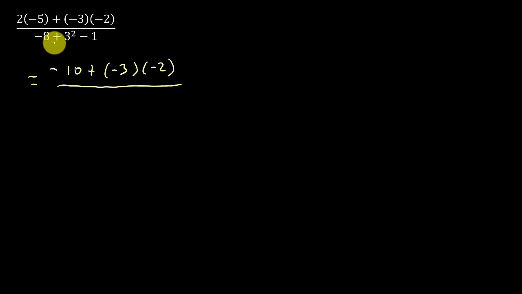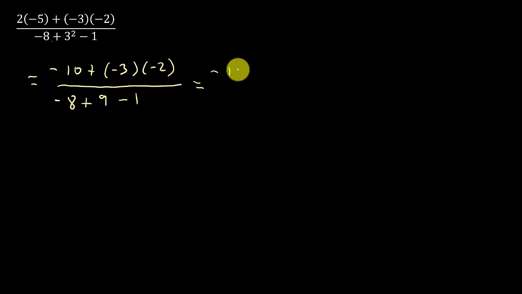All right, so no grouping symbols, but I do have exponents. All right, so I've got negative 8 plus 3 squared is 9 minus 1. All right, so now let's continue. All right, so looking at the numerator only, I've got multiplication.